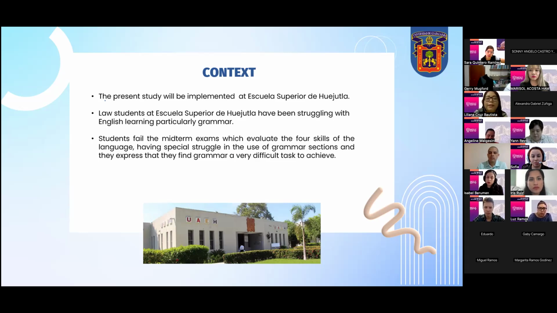We have seen this because in the midterm exams, when we evaluate them, they don't have a good performance and they usually fail.